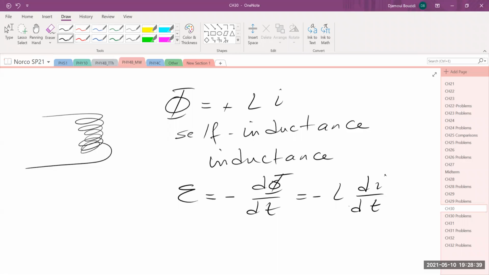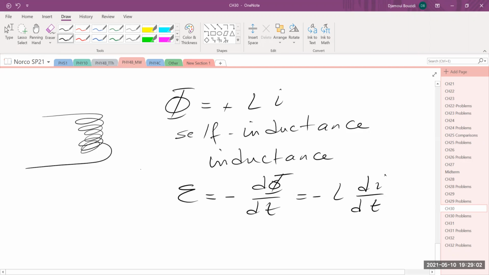If there was a current in it, it wants to keep it steady. Because if you take dI over dt equal to 0, you're in good shape. There is no EMF. There is no opposition to that. But if I starts to go up, there is an EMF that is going to oppose that. If current tries to go down, there is something that doesn't like it, and that is this one.